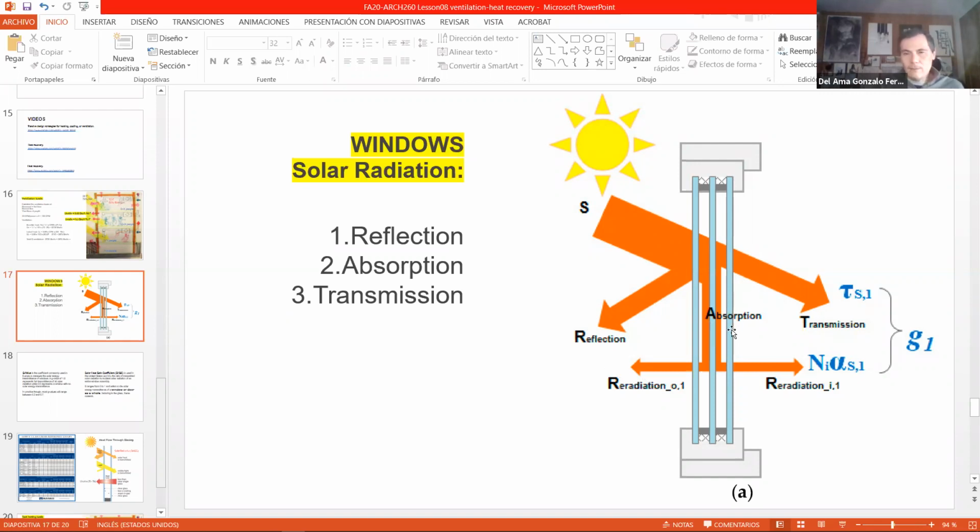It depends. Okay, so if we add up this component, the direct transmission because of the transparency of the glass, and this re-radiated energy that has been previously absorbed, then we have this value, what we call the G value. Okay, G.